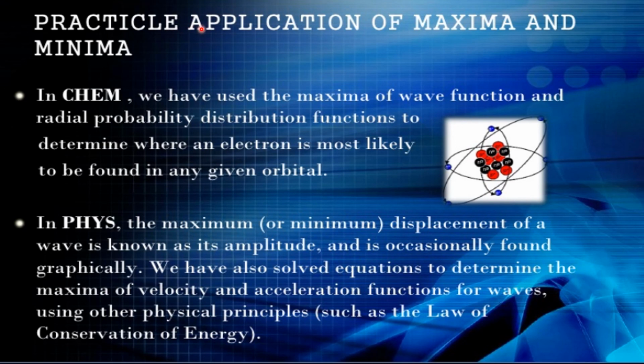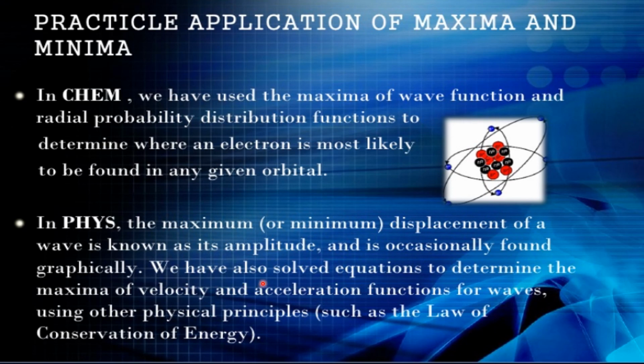See here, practical applications of maxima and minima. In chemistry, we use the maxima of wave functions and radial probability distribution functions to determine where an electron is most likely to be found in any given orbital. In this case, we use the concept of maxima and minima. Similarly, in physics, the maximum or minimum displacement of a wave is known as its amplitude and is occasionally found graphically.